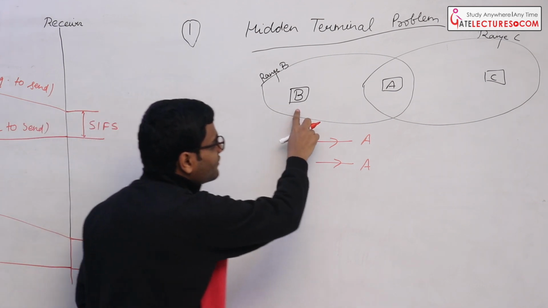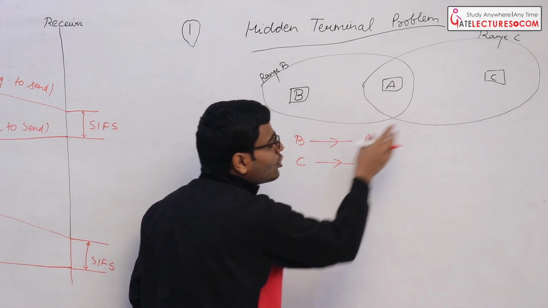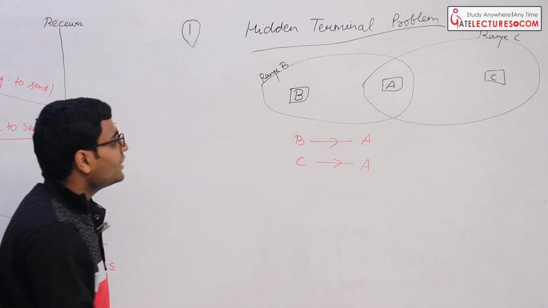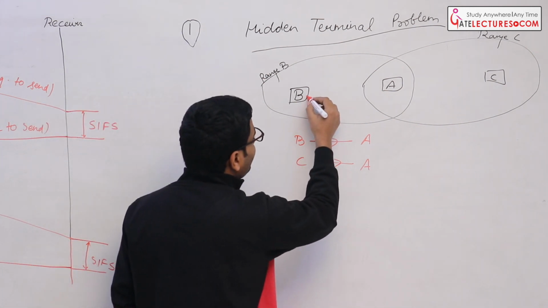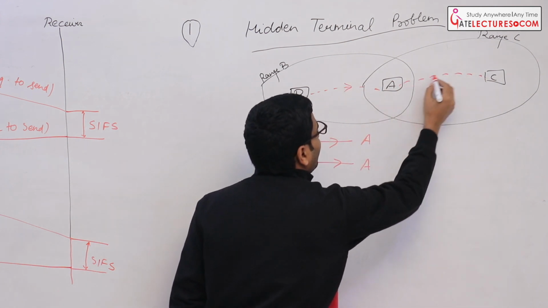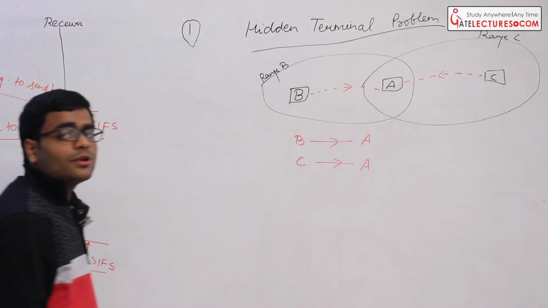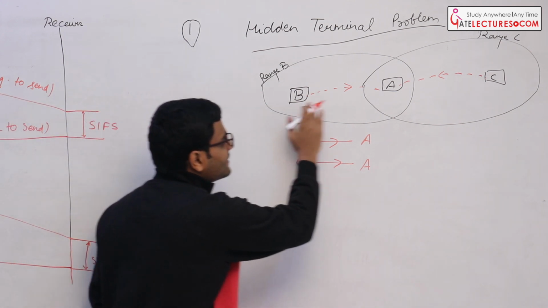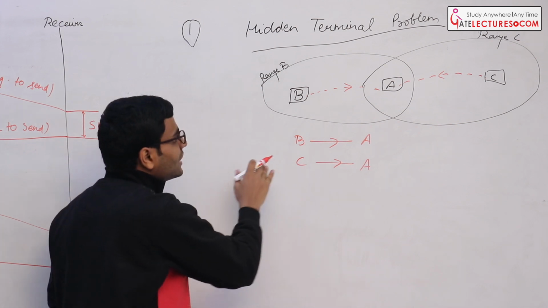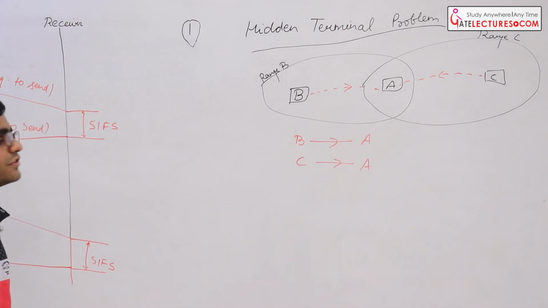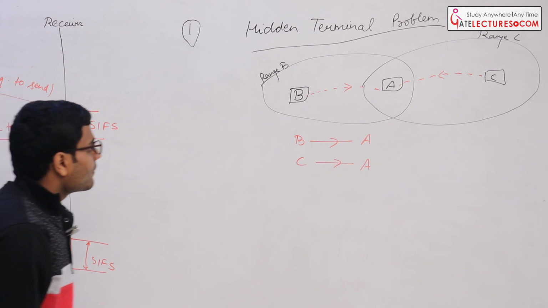So when B is transmitting some data to A, C doesn't know that A is receiving data from B. So they both can start sending data at the same time and there will be a collision. This is called the hidden terminal problem. Because B and C are unaware of each other, they can both send data at the same time, which will lead to collision. Fine.